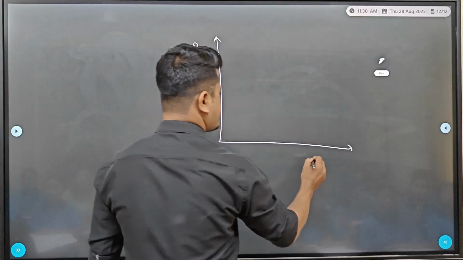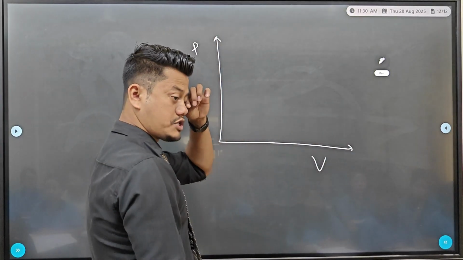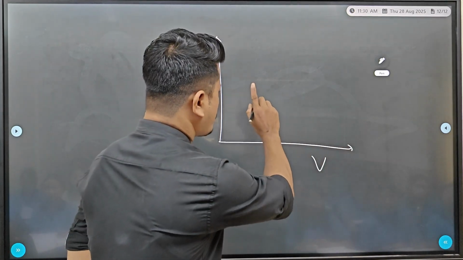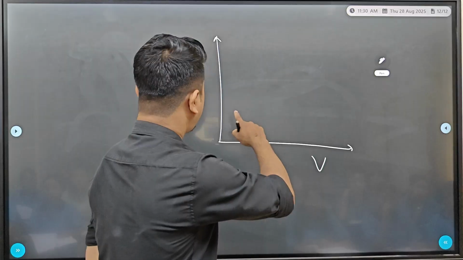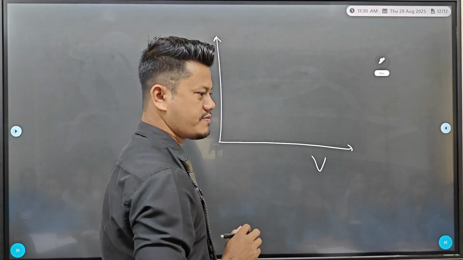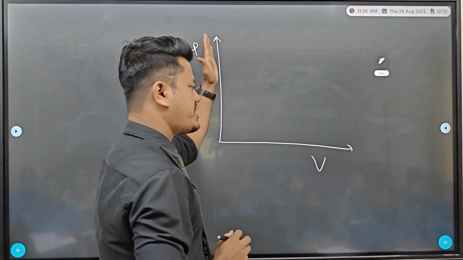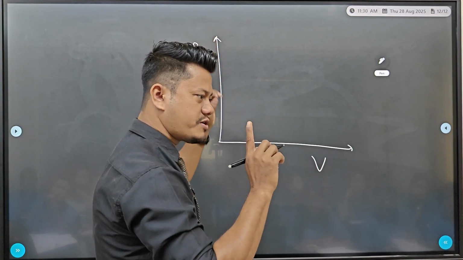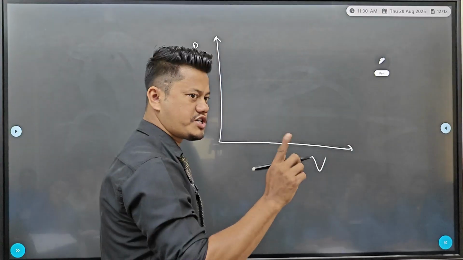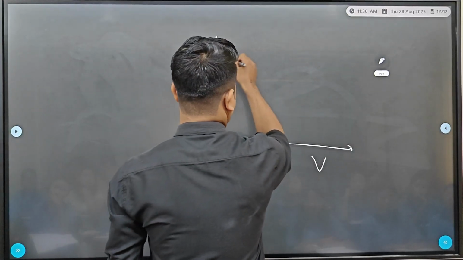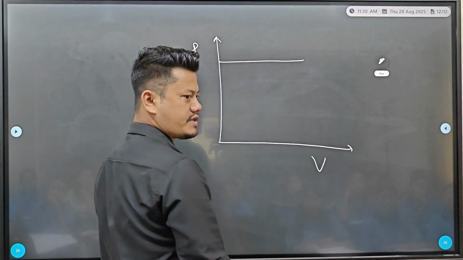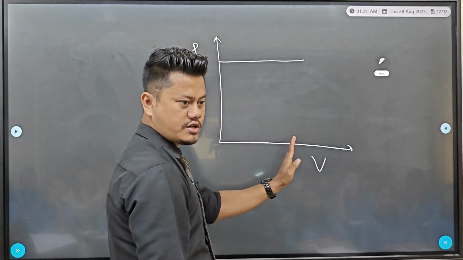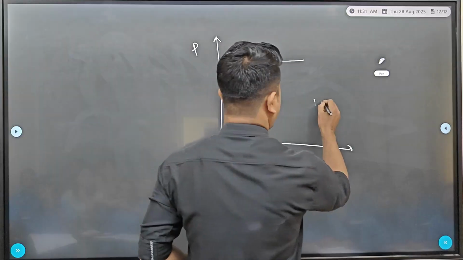This is P and this is V. I want to draw the curve for the isobaric process. This is the pressure axis. For isobaric, pressure should remain constant, which means it must be a straight line. Pressure will not change here, only the volume will change. This is for isobaric.